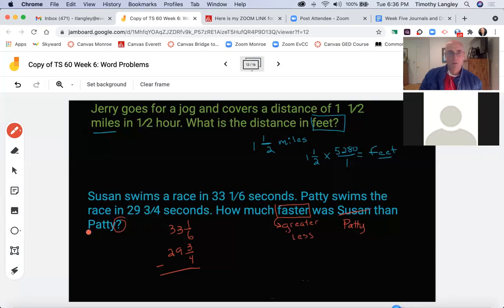So it should say, how much faster was Patty than Susan? Yeah. So that's a typo there, okay? So I'm gonna just cross this out, because it's clear to me that Patty's the faster swimmer, okay? Her time is less, which means she's quicker. All right. So we would still do the subtraction, and that would tell us the difference in their speeds.